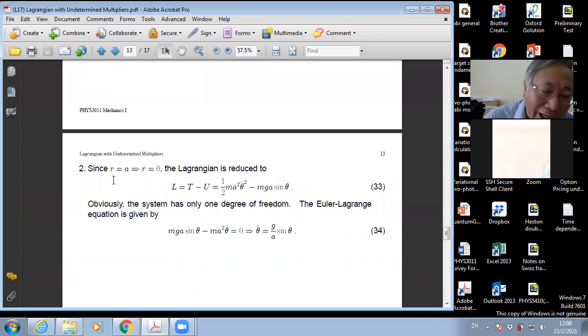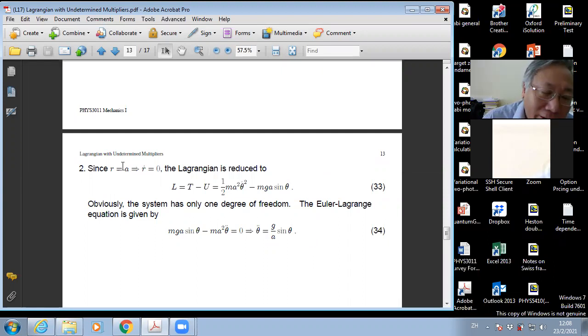Since r equals a, r dot equals 0. So the Lagrangian can now be reduced to this. We just eliminate all the r. If we incorporate this constraint, obviously the system has only 1 degree of freedom. The Euler equation is given like this. So this is another approach.